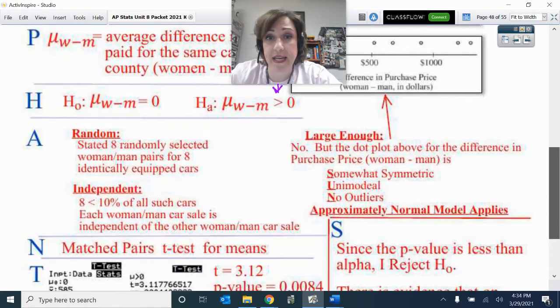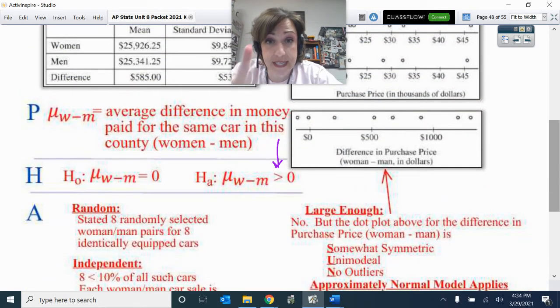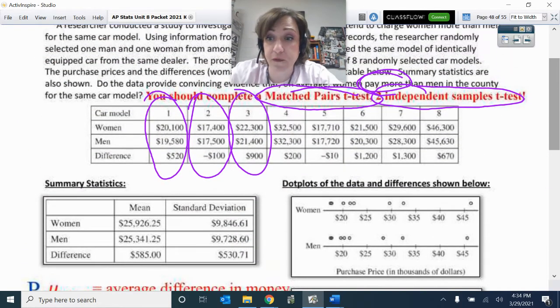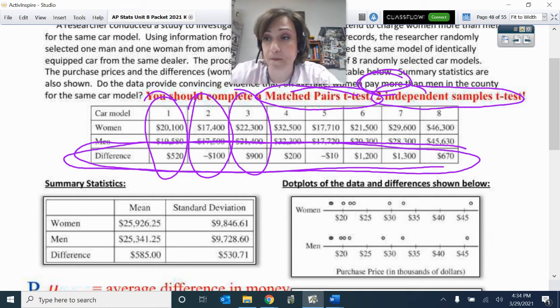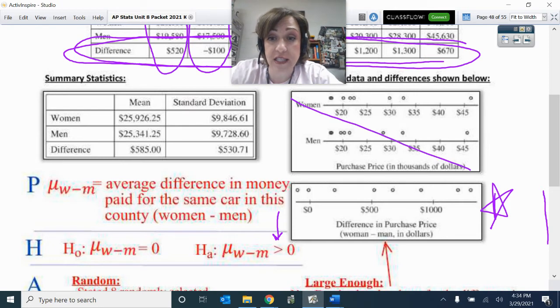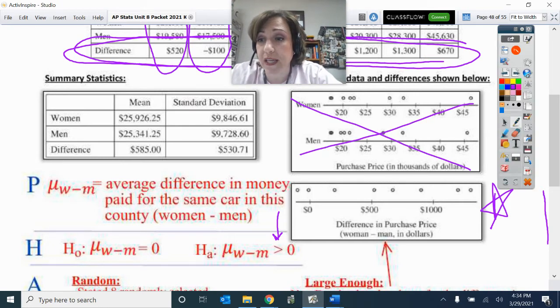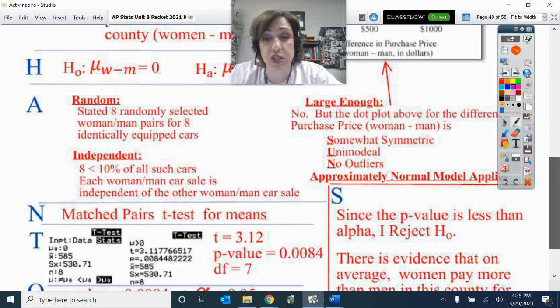So my conditions should be for one sample of differences, for this one list of differences. And furthermore, the picture that you need to draw is this one here, not the one for two separate means. Again, you see how they gave you the information for the two separate means, even though you were supposed to use the one.